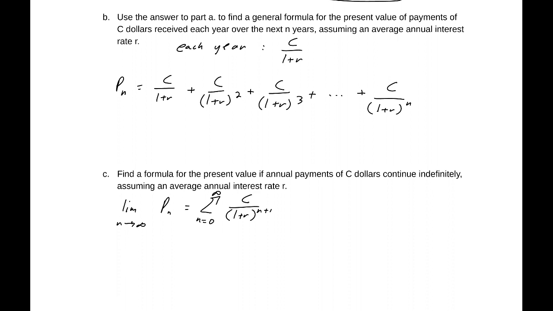Now we really want a formula that we can evaluate, given the C dollars and the interest rate. So let's factor C over 1 plus R out. Okay, and that is 1 over 1 plus R to the n, in which we can write that with the exponent on all of that.